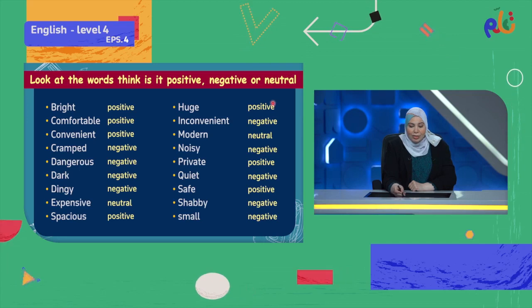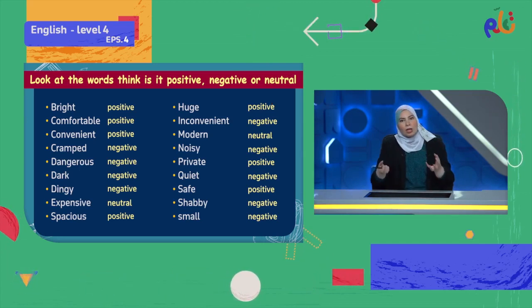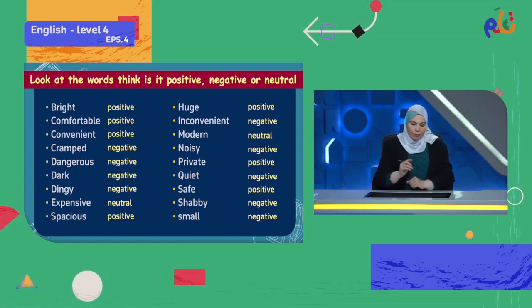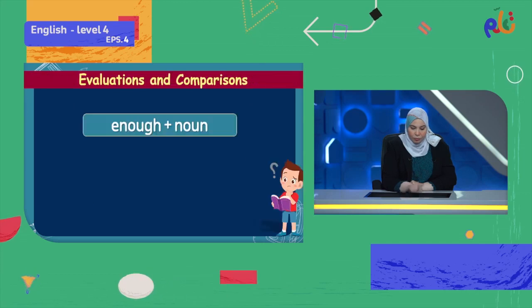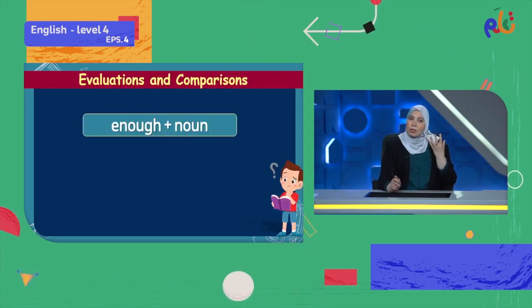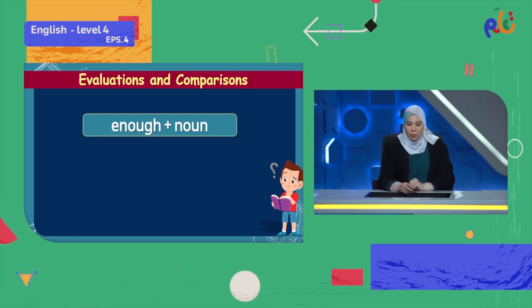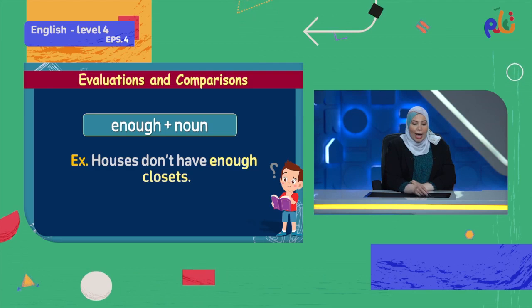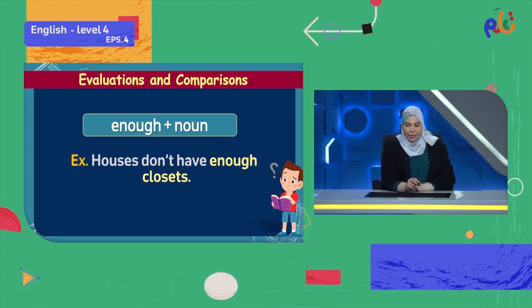I don't use the negative word, I just use the positive with not and enough. So if we're talking about a noun, I can speak about rooms. It doesn't have enough rooms. Or houses don't have enough closets.